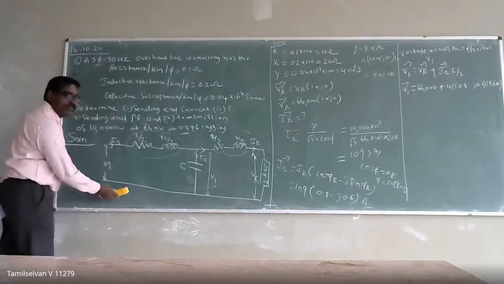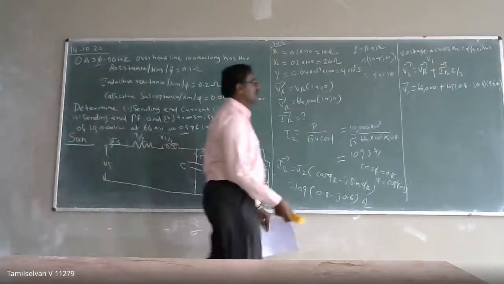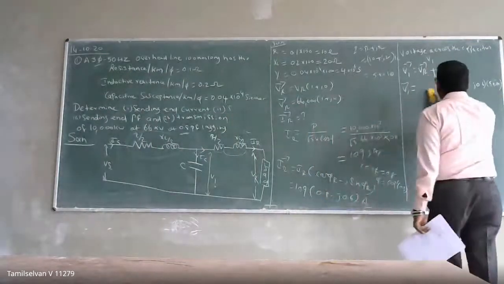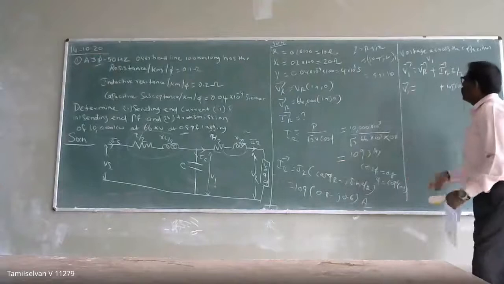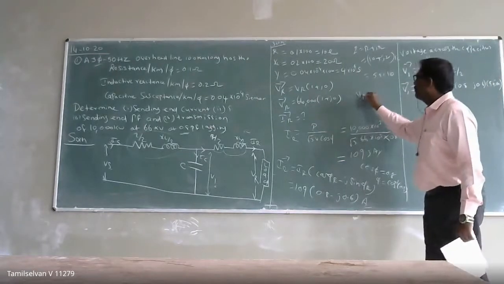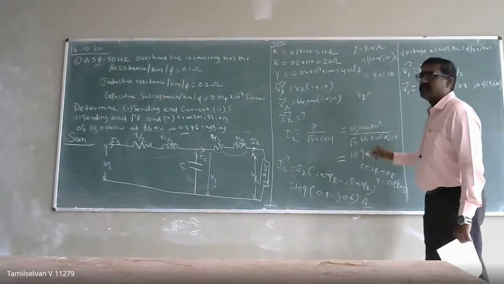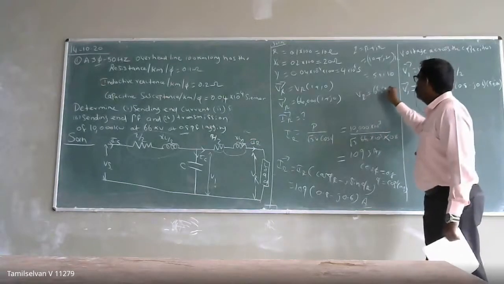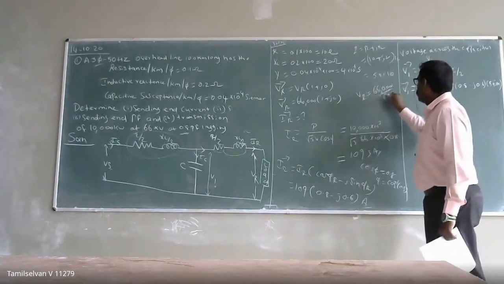So in per phase analysis, your voltage should be per phase. So per phase voltage VR will be 66,000 divided by root 3.